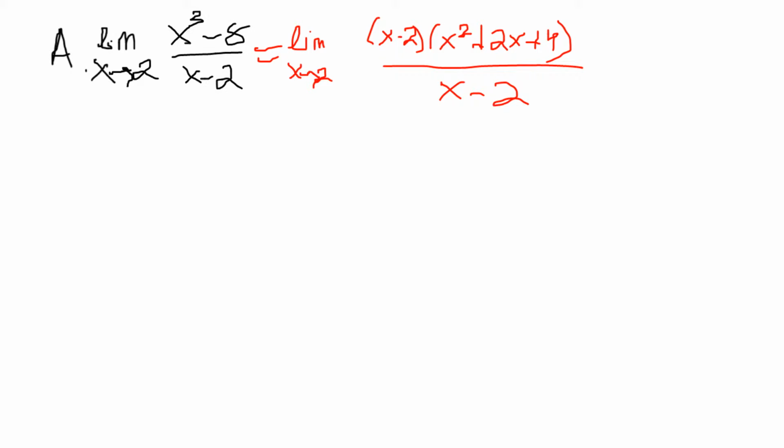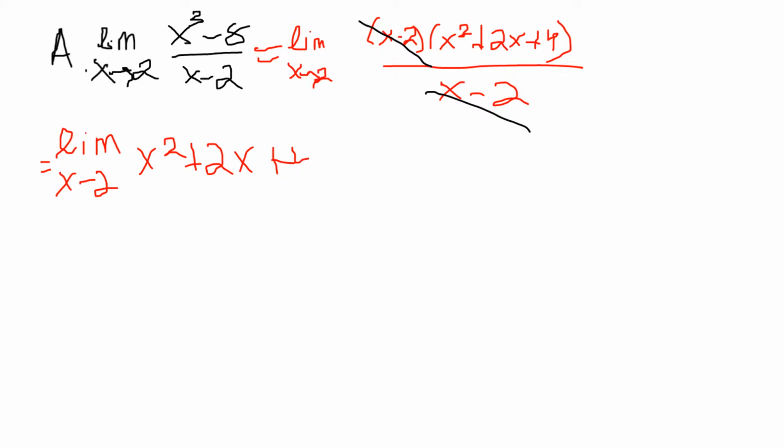Once we do that, you can see that we're able to cross out this x minus 2 and continue with the limit. So now we have the limit of x squared plus 2x plus 4.